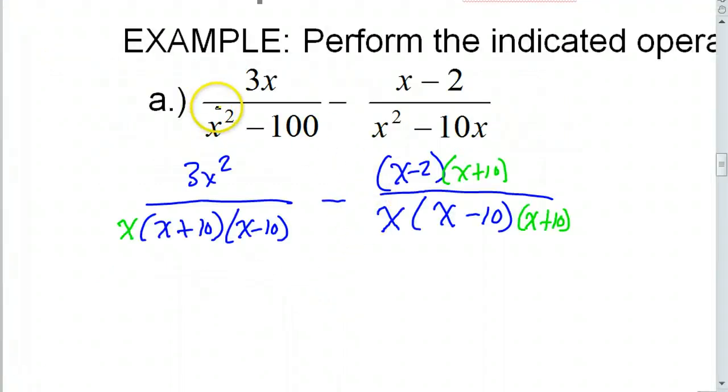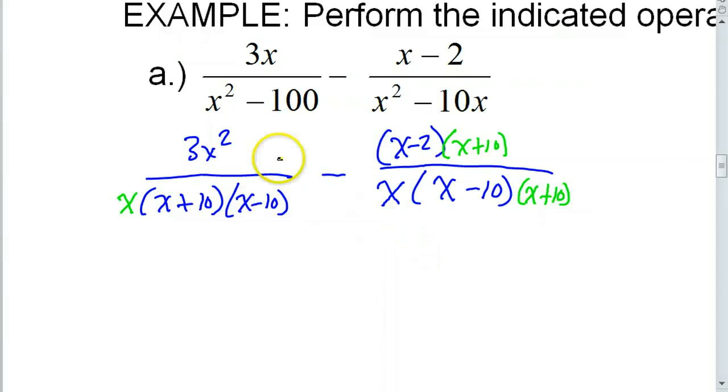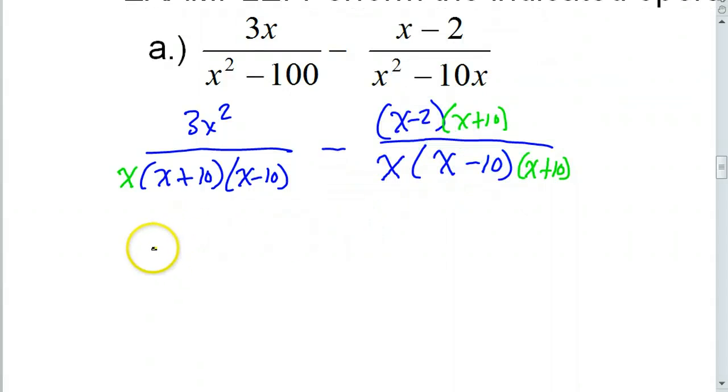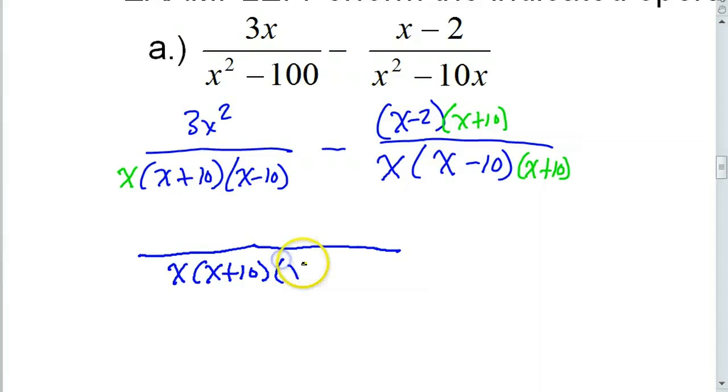All right, so in the previous video, we already took this problem and we rewrote it with common denominators. So we're going to go from here and finish the problem. Now that the denominators are the same, we can put them together into one fraction, using the common denominator of x, x plus 10, x minus 10.